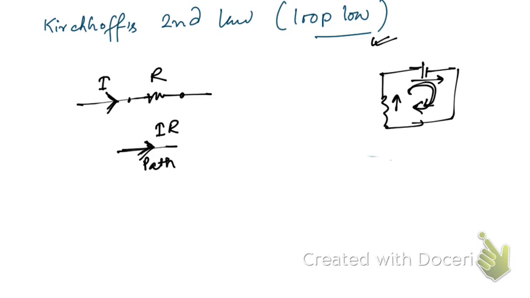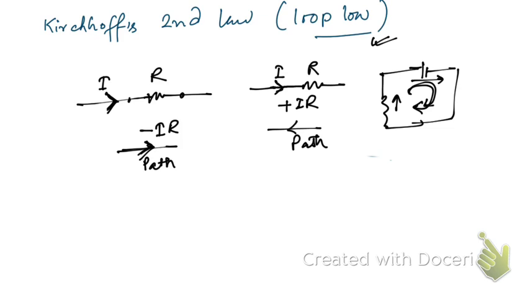If the path and the direction of the current are the same, then we take IR as negative. If the path is opposite to the current, then we take it as positive.